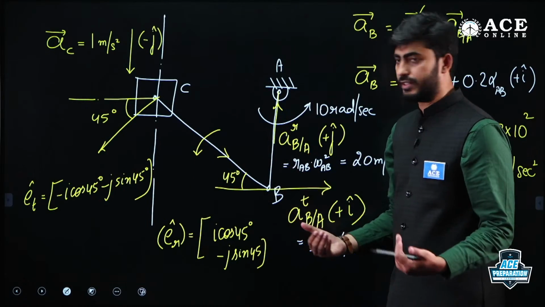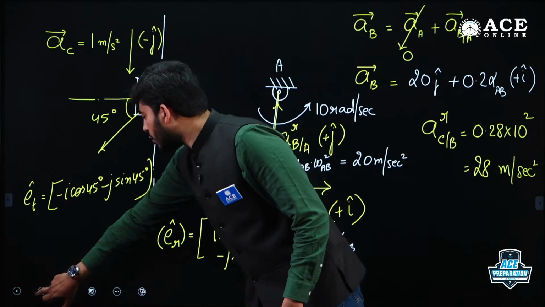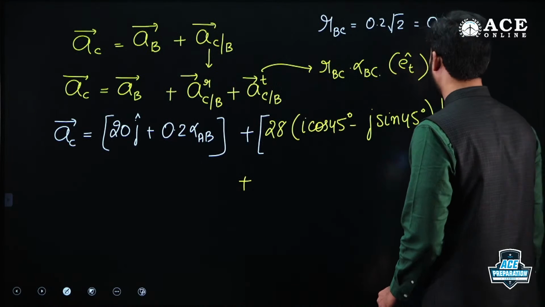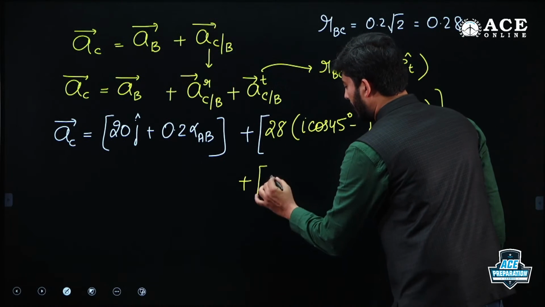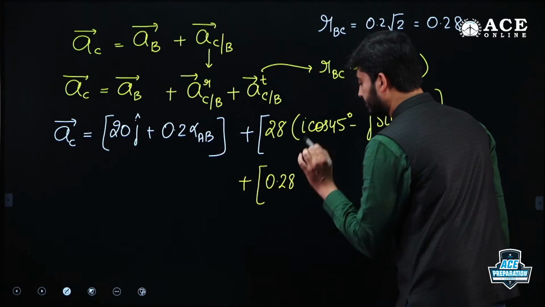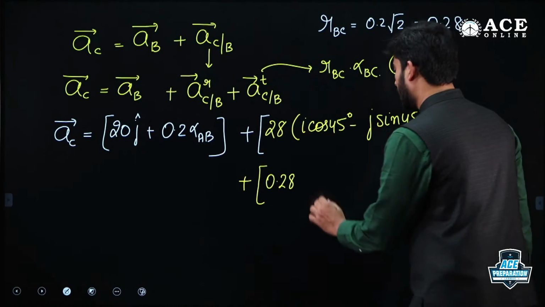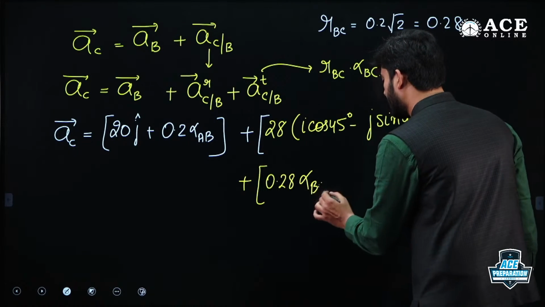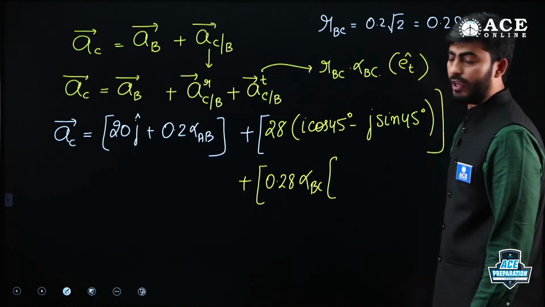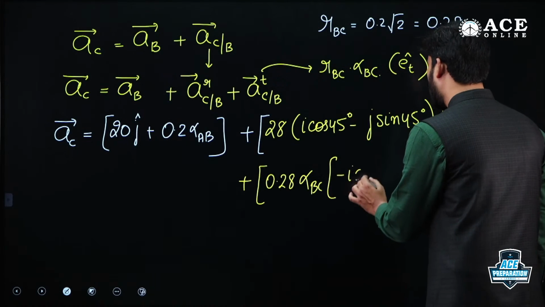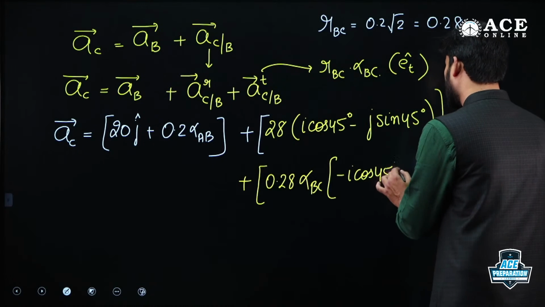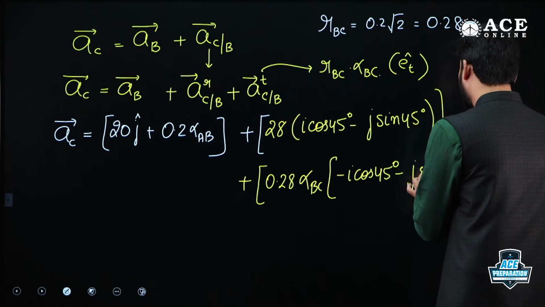I don't know whether this is correct or not. Once after solving I will come to know it. So this is 0.28 into alpha_BC, minus i cos 45 minus j sin 45.